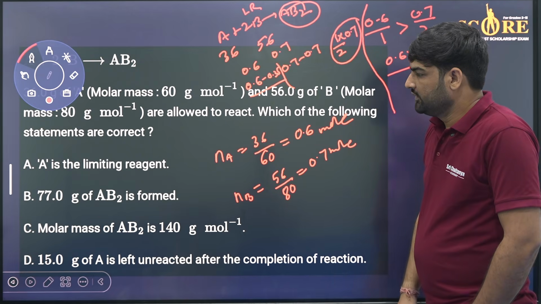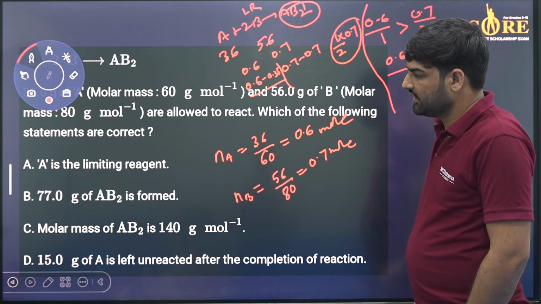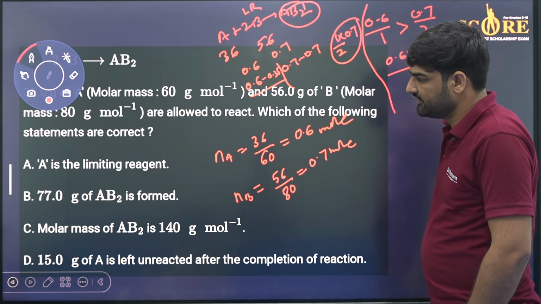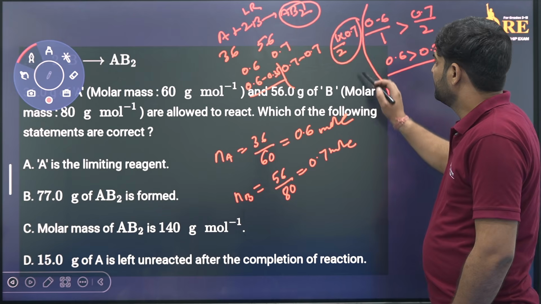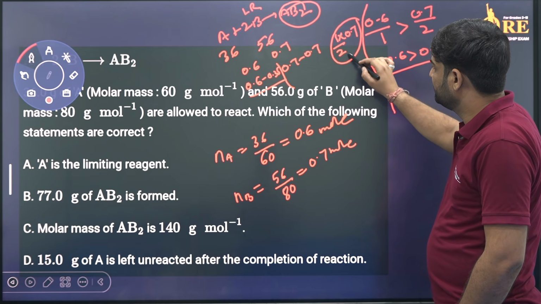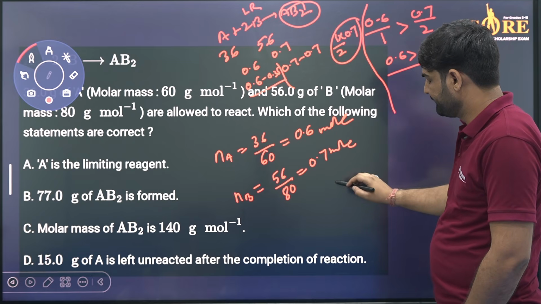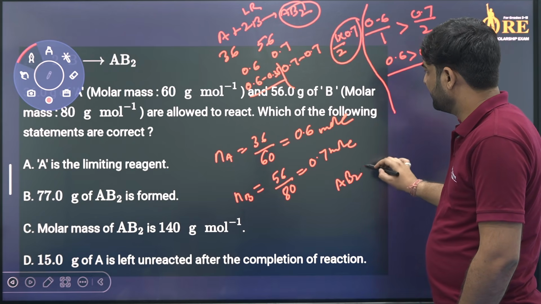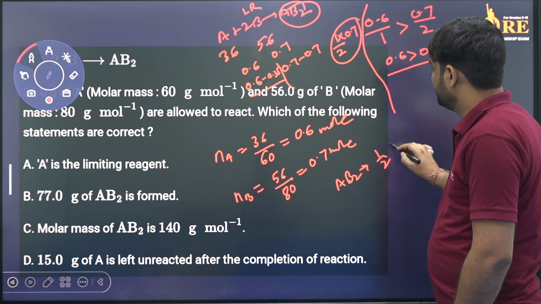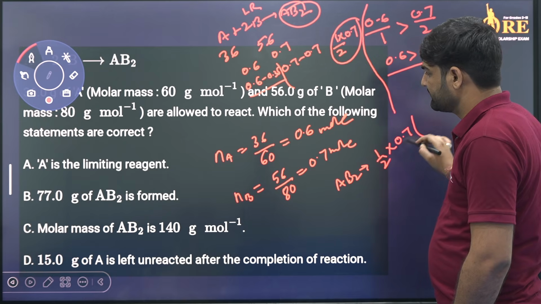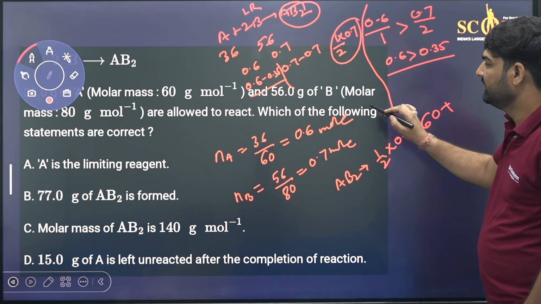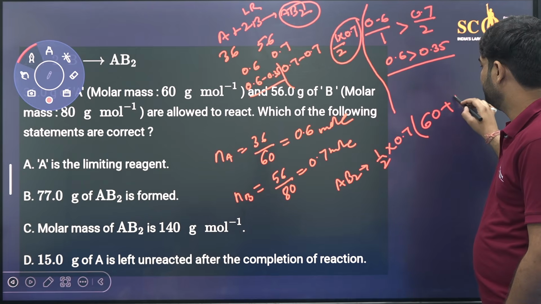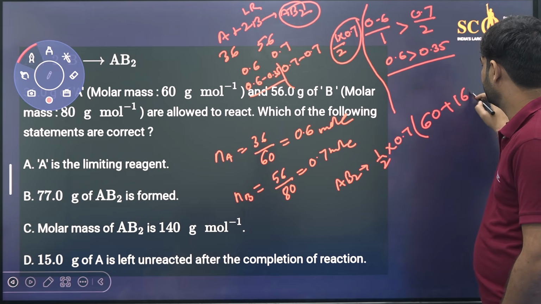So in the second option, mass of 0.77 gram of AB2 is given. If you want to calculate the mass of AB2, then you have to write moles and molar mass of AB2. Molar mass of A is 60, for B is 80, AB2 for this is 160.